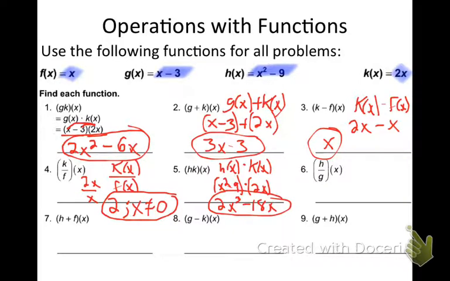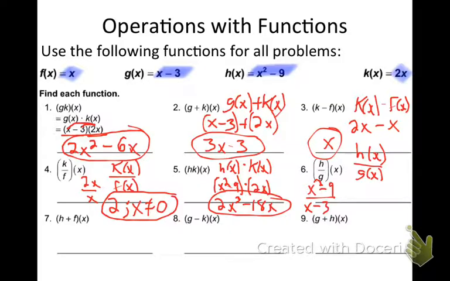All right, what about number 6? H over g, all of x. Again, I can rewrite that as h of x over g of x. What's h of x here, Andy? What's g of x here, Maddie? Awesome. So I have x squared minus 9 over x minus 3.